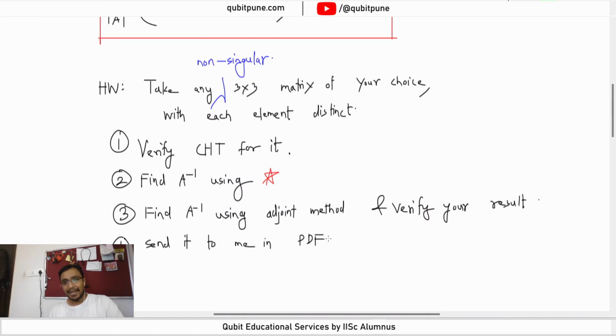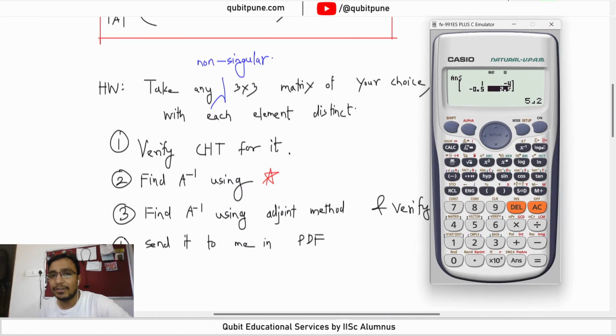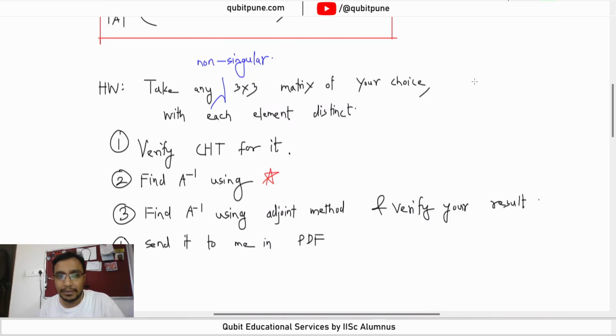Now, I will not encourage you to use a calculator like I do. Please don't use it. Because in the exam, if you become habitual with a calculator, that is a very bad thing, because it's not as friendly as the on-screen calculator. So please do all the calculations on your own. Let them go wrong once, because matrix multiplications are known to go wrong in the first attempt.